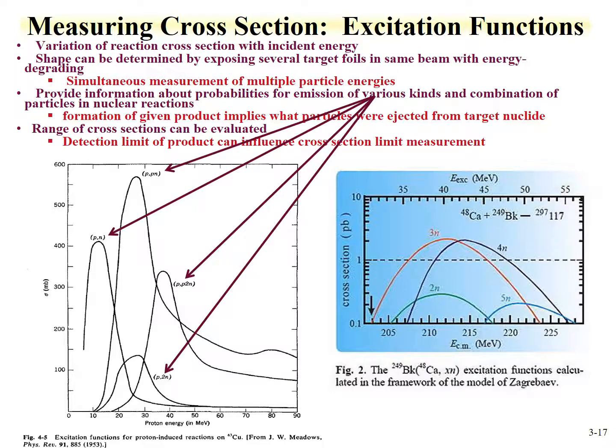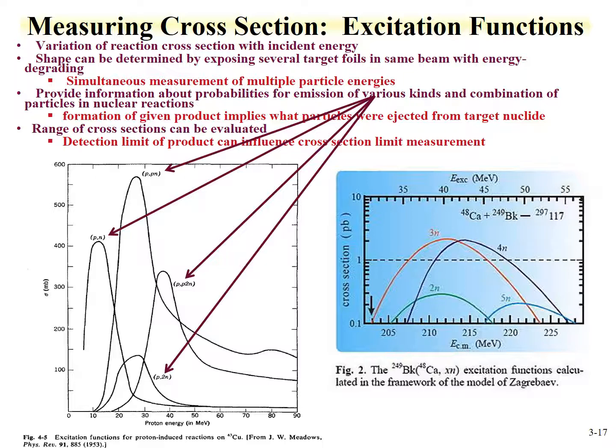So if we perform a reaction and we provide information about the products, we can get cross-sectional data by looking at the change of the product concentration as a function of energy. We can actually perform these experiments simultaneously if we have a number of different targets in a system.